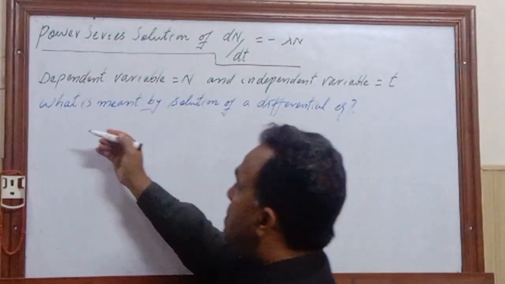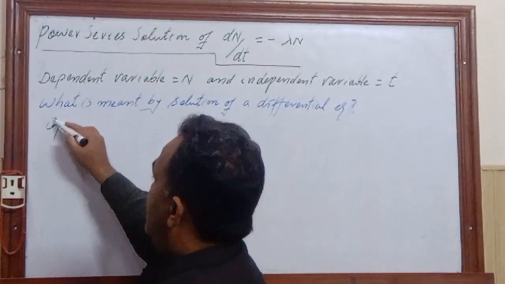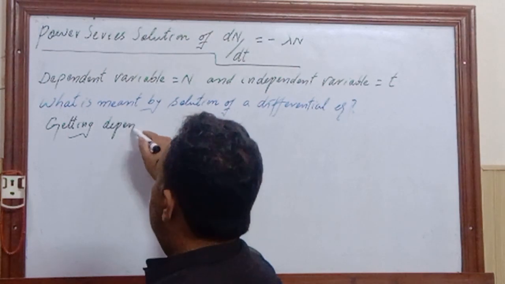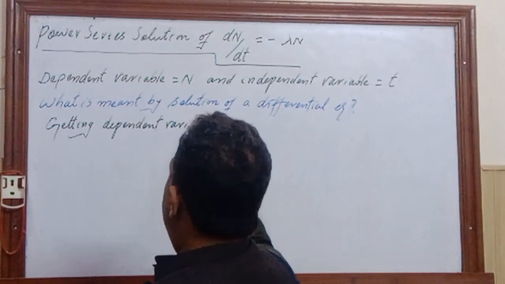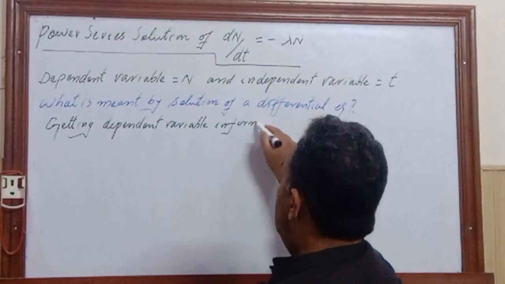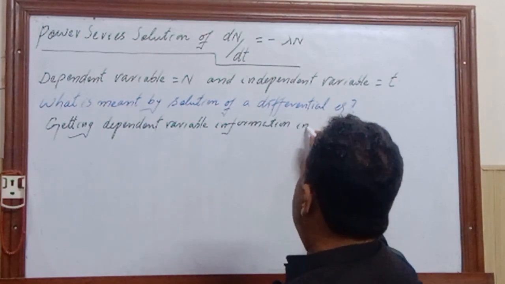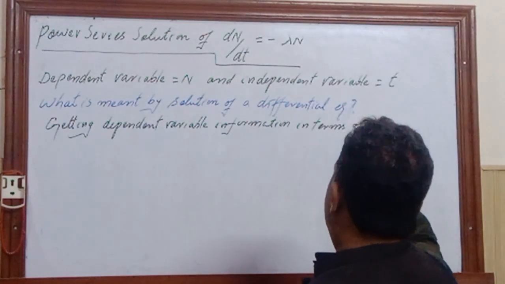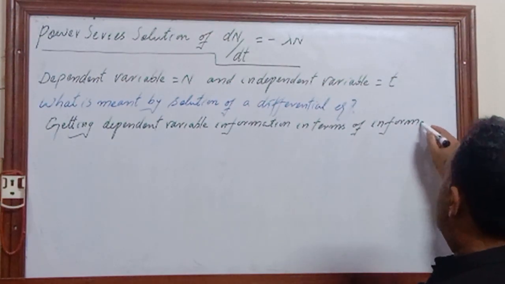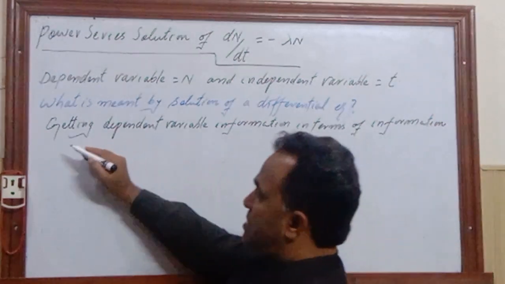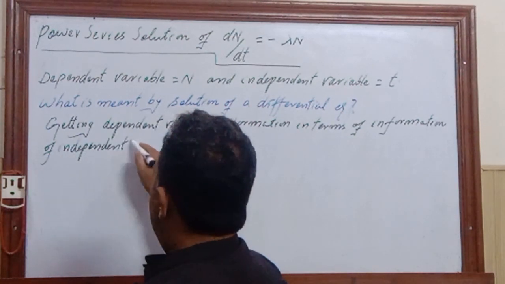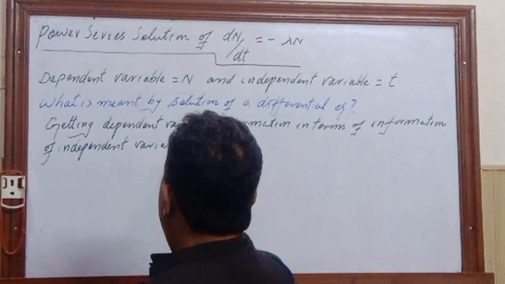Okay, so getting the dependent variable information in terms of the information of the independent variable.